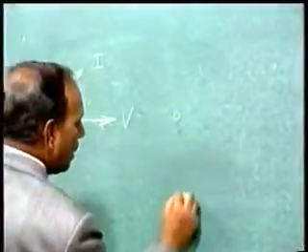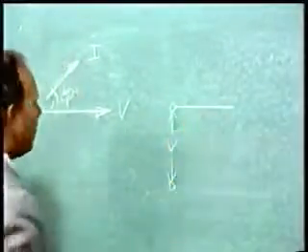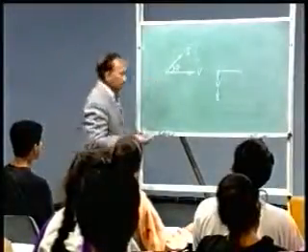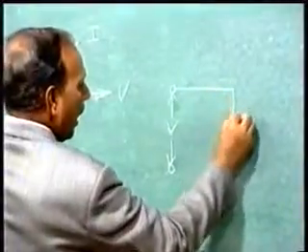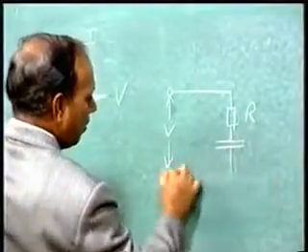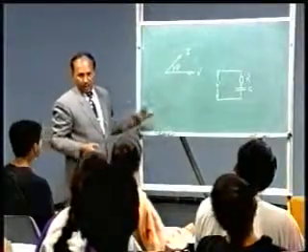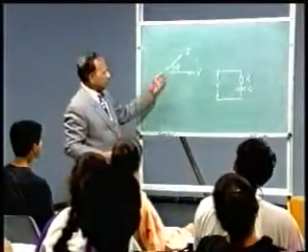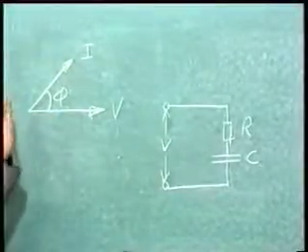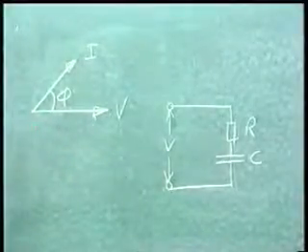This voltage V is here and a resistance and a capacitance, because the current is leading. So it is an RC circuit, or it could be RLC depending on that, XC should be bigger than XL. So it could be an RC circuit or an RLC circuit. So for each phasor diagram, there is an equivalent electric circuit. Is this point clear?